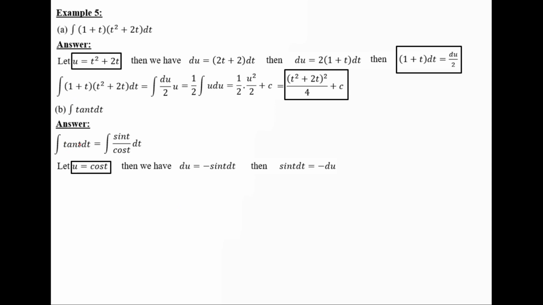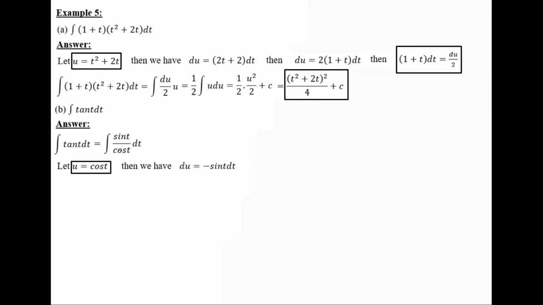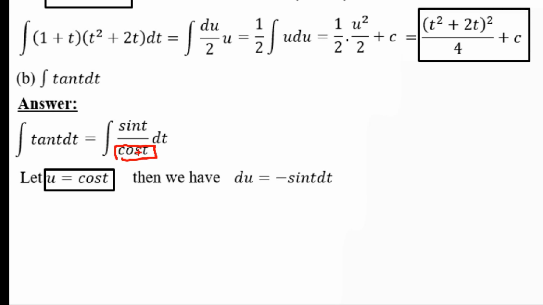And now we need to convert this integral completely to be parameterized by u. Already we know that this is u, so we can replace it by u, and from this relation we can say that sine t dt would be replaced by negative du.